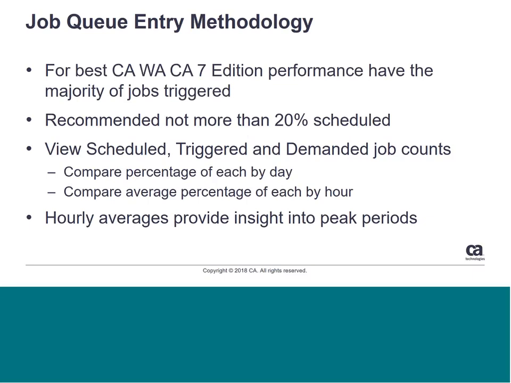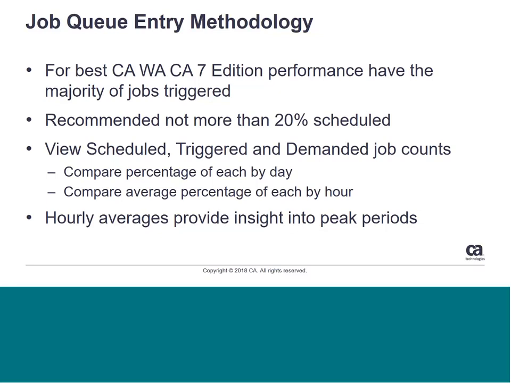And you can use the information in reports to view and see the comparison of scheduled, triggered and demanded job counts as a percentage per day, and also as an average value hour by hour throughout a day. The hourly average will then give you some idea of what your peak periods are in terms of processing.